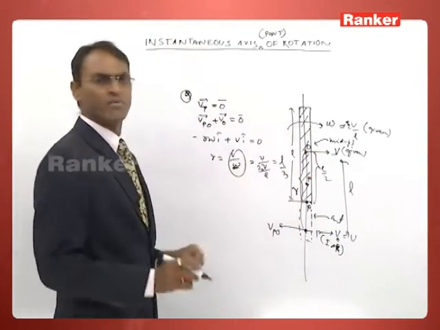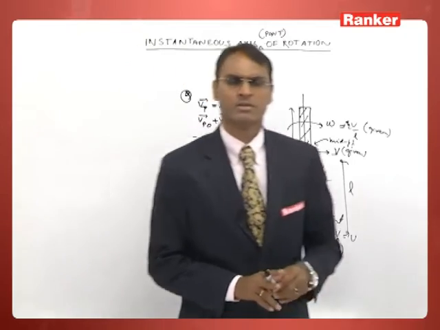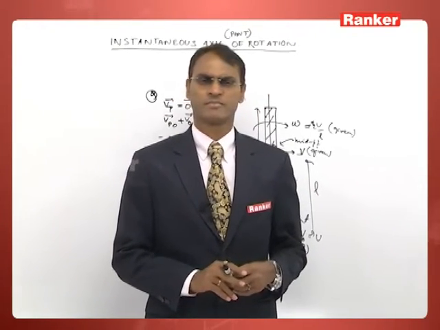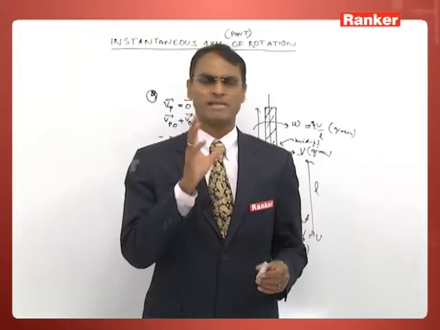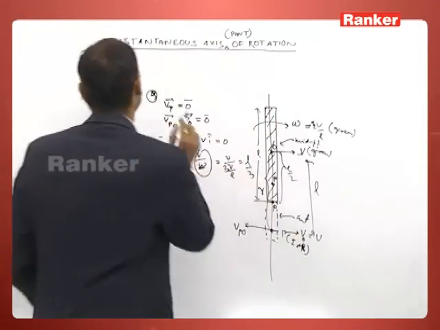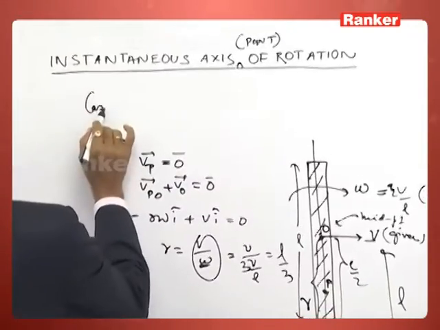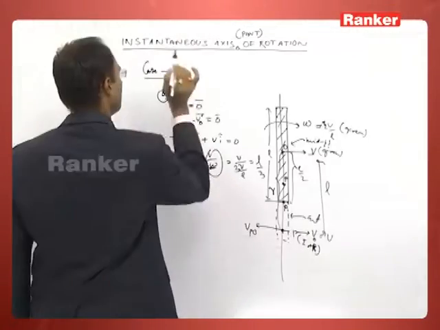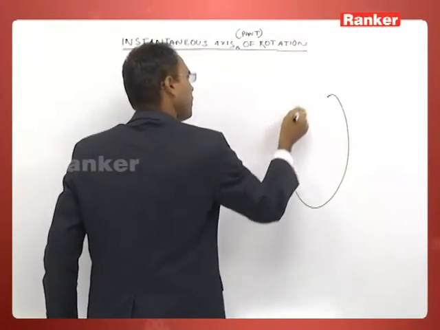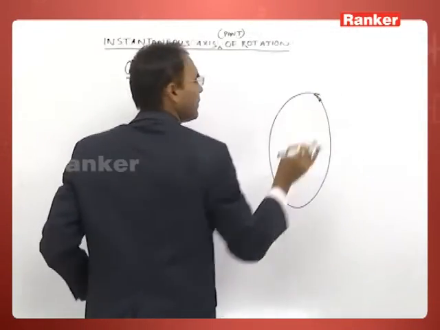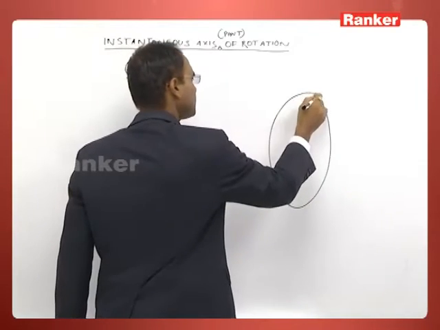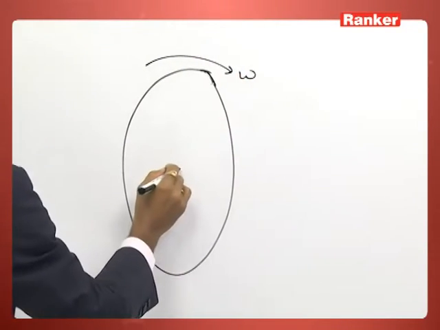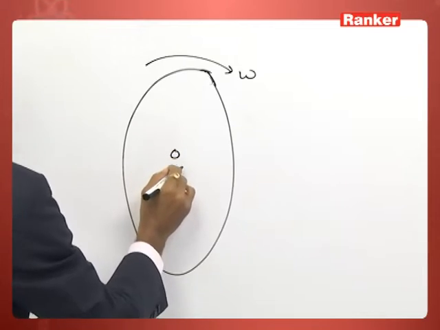Now, I have to recap from the previous examples to put up a case. Case 1. If the rigid body is given, the plane-like structure, the plate-like structure, it spins in this way, any point velocity is given.